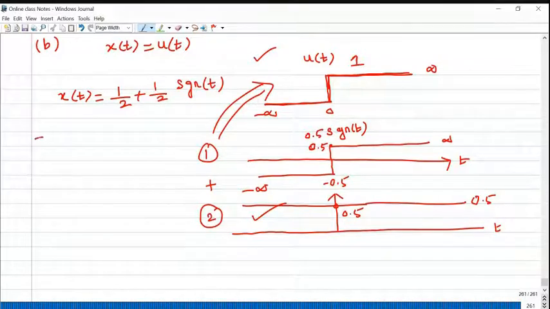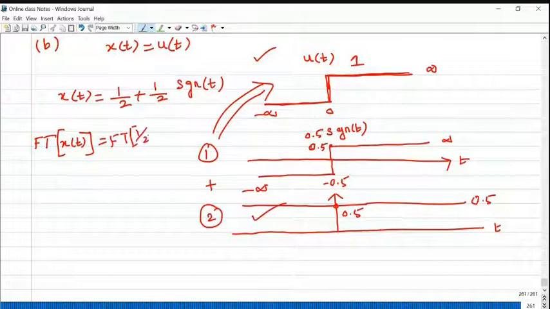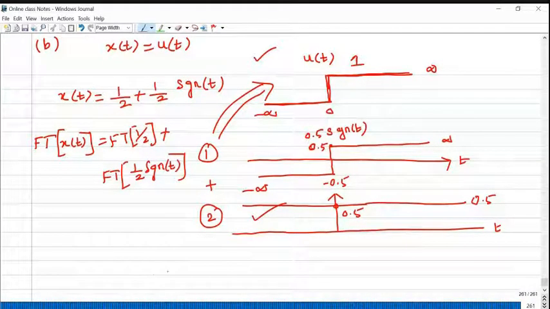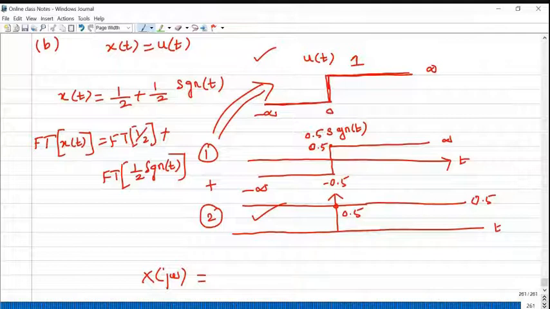Now apply the Fourier transform. Fourier transform of x of t is the Fourier transform of 1 by 2 plus the Fourier transform of 1 by 2 signum function. So X of j omega equals the Fourier transform of 1 by 2, where 1 by 2 is a constant, so you take 1 by 2 times 1. We already derived that the Fourier transform of 1 is 2 pi delta of omega.